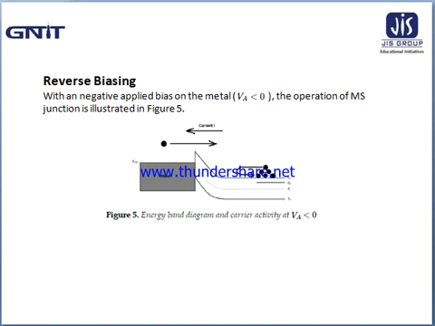That means the barrier height, or barrier potential, increases across the metal semiconductor junction. The large barrier will block the diffusion of electrons from the semiconductor to the metal.